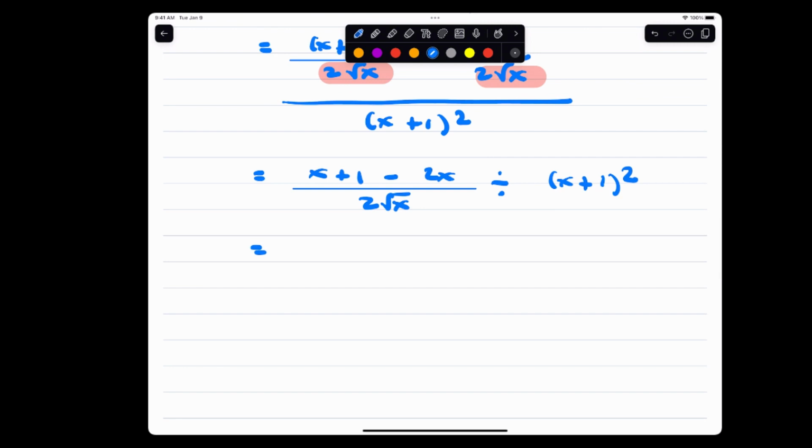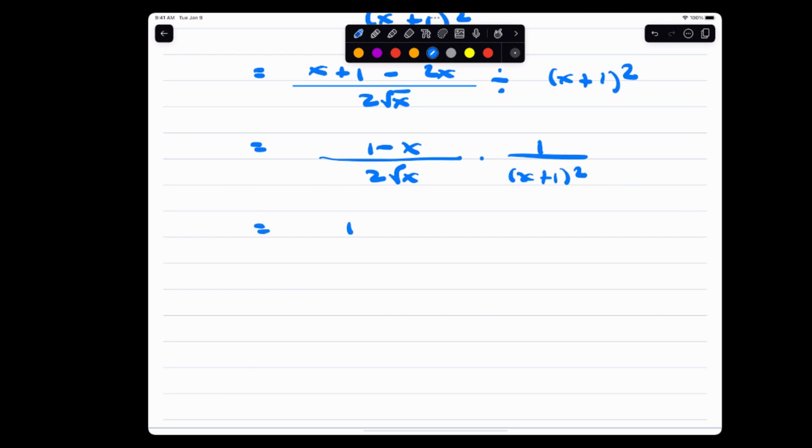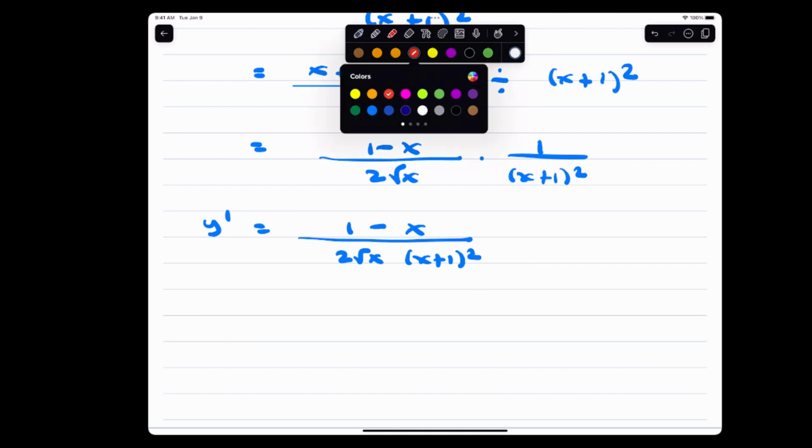I'm going to do this here: 2x minus x, isn't that going to be x? That's going to be 1 minus x, over 2 square root of x, times 1 over x plus 1 squared. And there's your first derivative. You okay with that? So this is what we need to do first.